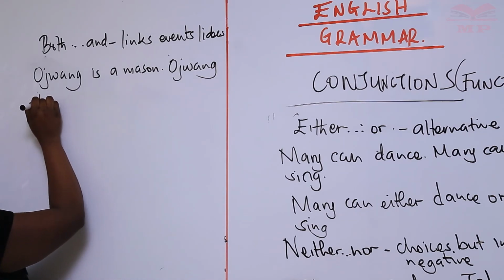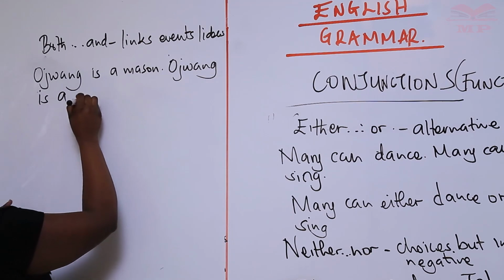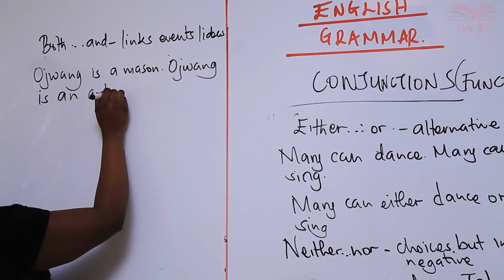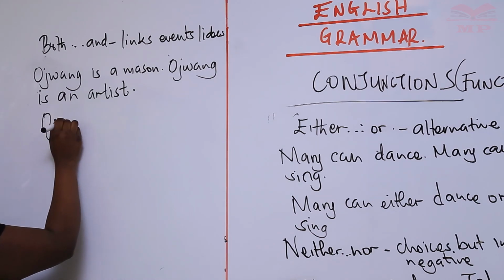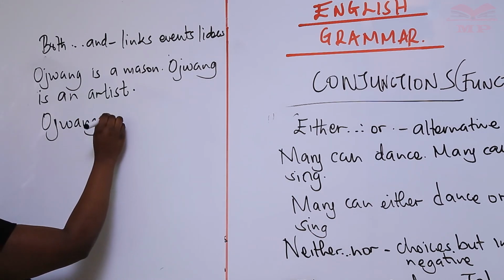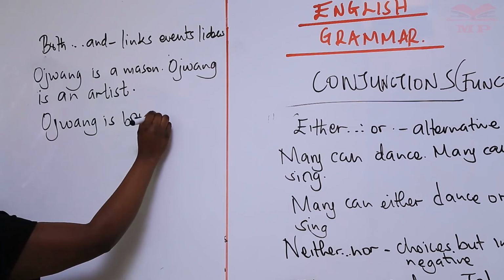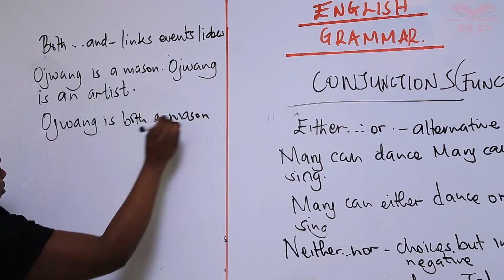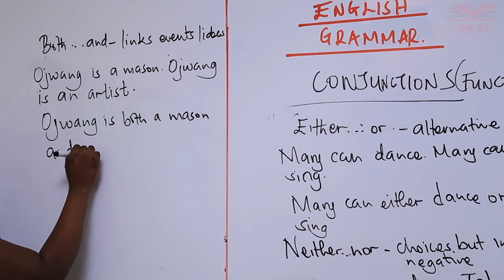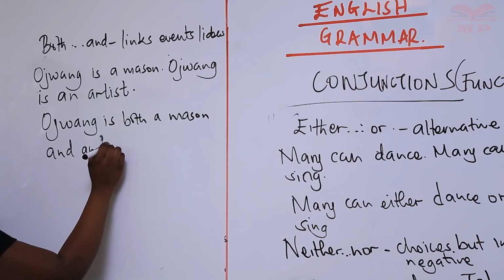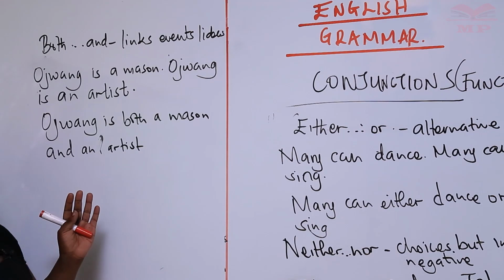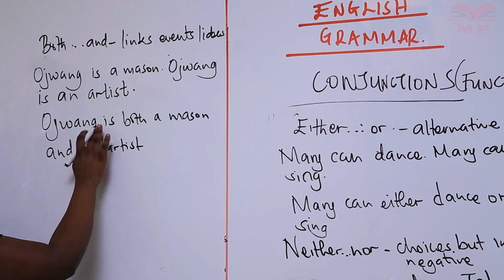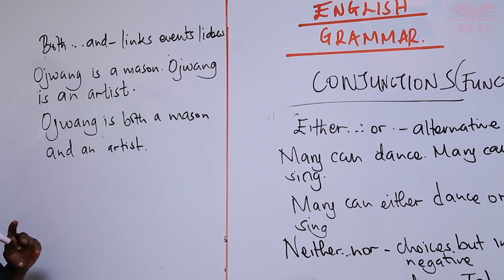So Ojuang is a mason, and an artist. Okay. Ojuang is both a mason and an artist.